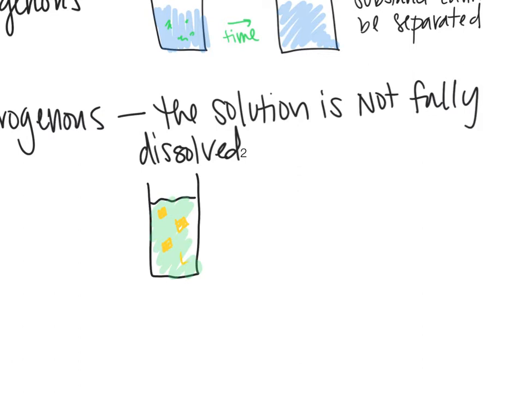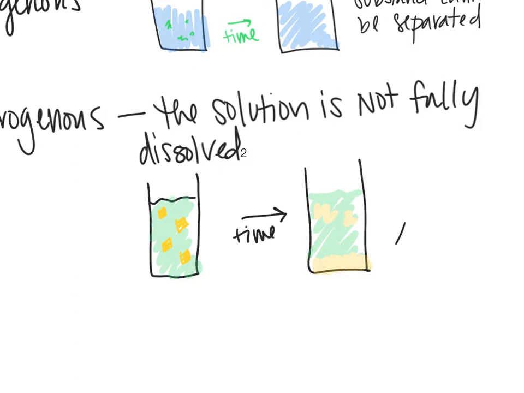In a heterogeneous mixture, we're actually going to see something very different. Over time, we're going to get our glass back, with some amount dissolved, but also something at the bottom. In our sweet tea example, we have undissolved sugar.